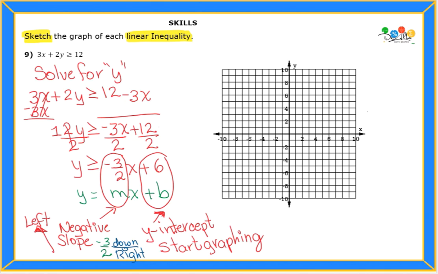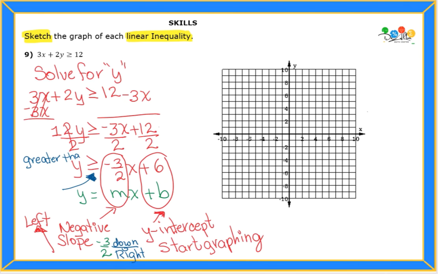Okay, awesome. What about this inequality symbol? Remember, this is a symbol that is going to allow you to decide whether it's going to be a solid or a dashed line, and whether it's going to be shaded above or below. So the symbol reads greater than. I'm going to write it down here.